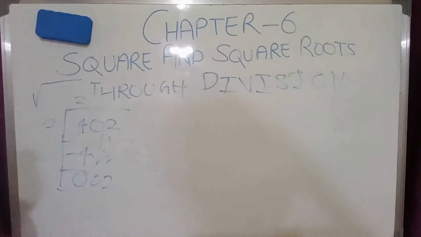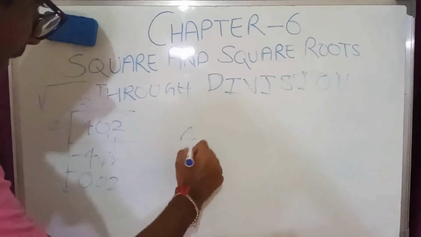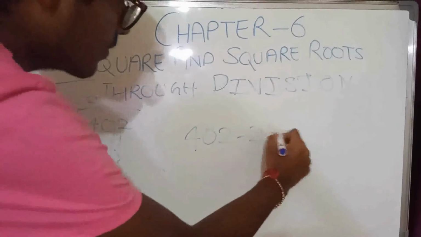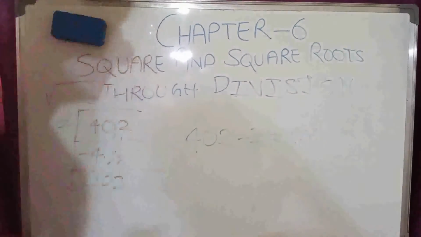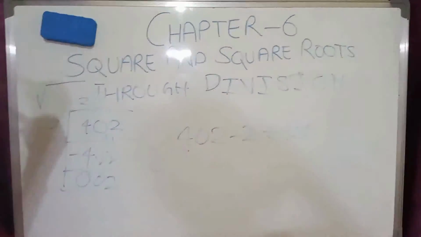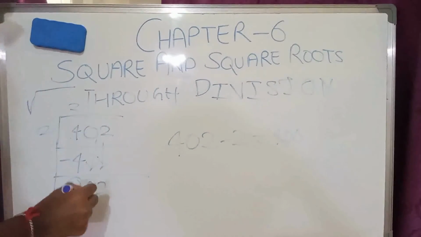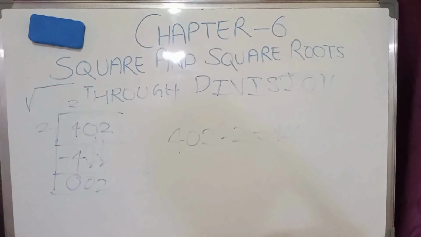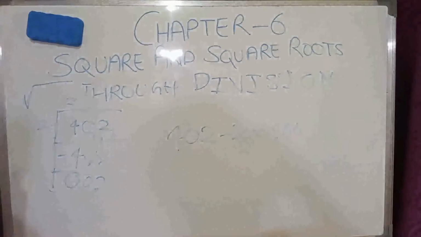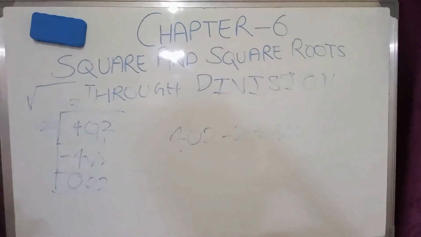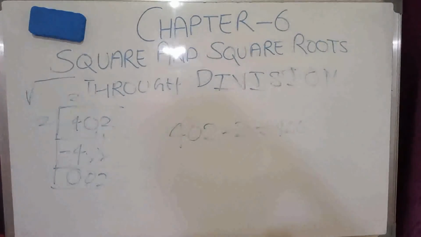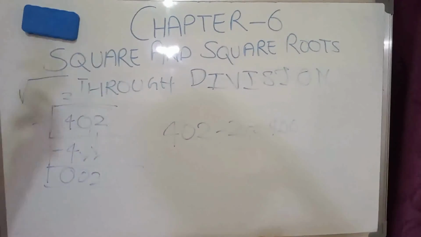So that means 2 is the remainder, and if we subtract, 402 minus 2, we get 400. So here we know that this is going to be the dividend, divisor, quotient, and this is the remainder. We have been using this. So when we subtract, the remainder is the remaining number after doing the square root. So if we subtract the remainder from the number, then we can get the square.